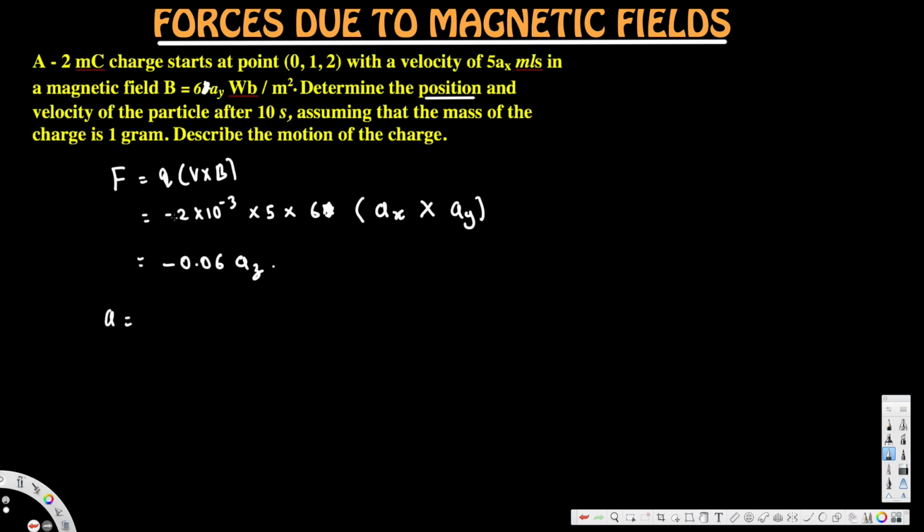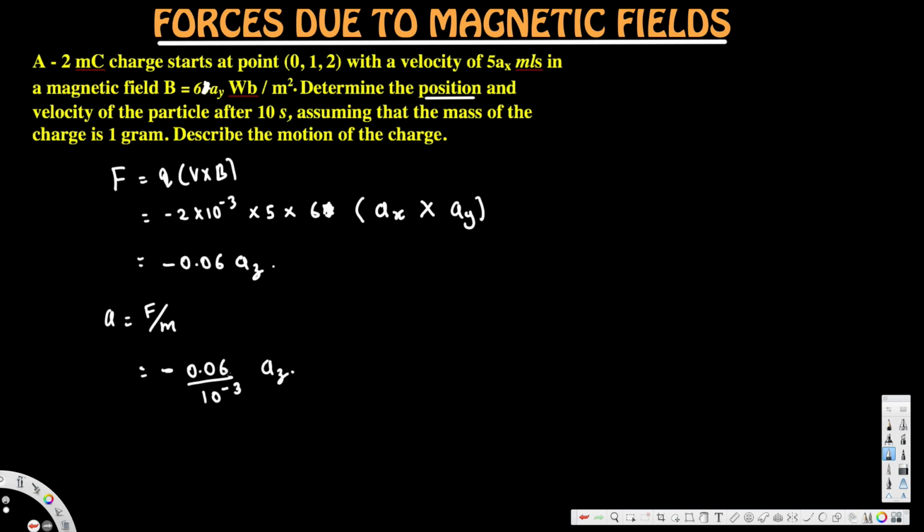Acceleration is what? F is equal to ma, so a is equal to F over m. The negative sign remains, and the direction is az. We just have to divide by 1 gram. 1 gram is 1 times 10 to the power of minus 3 kilogram. So this is negative 0.06 divided by 10 to the power of minus 3, in the z direction.